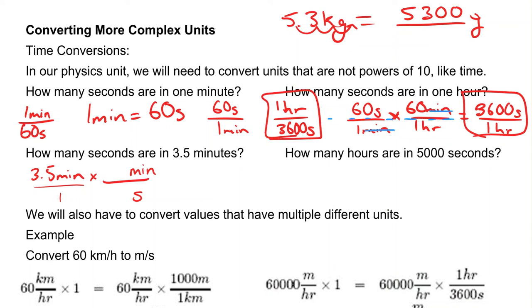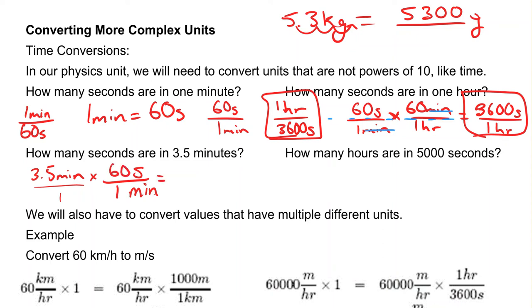That's not going to cancel. So I've got to put minutes in the bottom and seconds in the top. How many minutes are equal to how many seconds? 1 minute is 60 seconds.